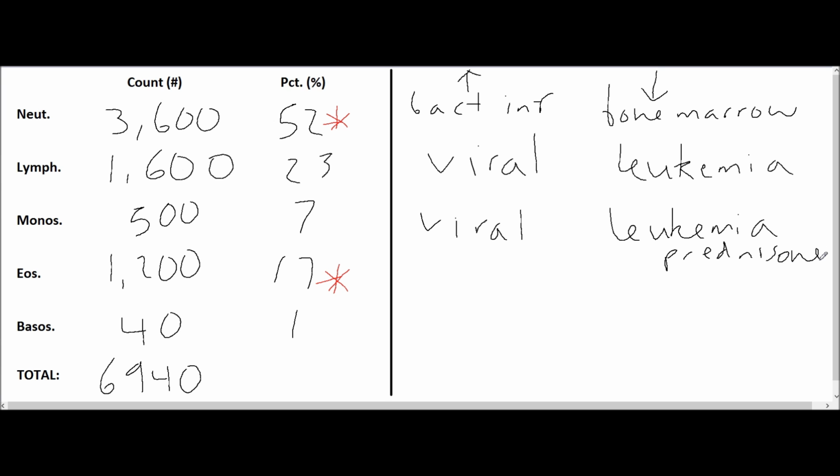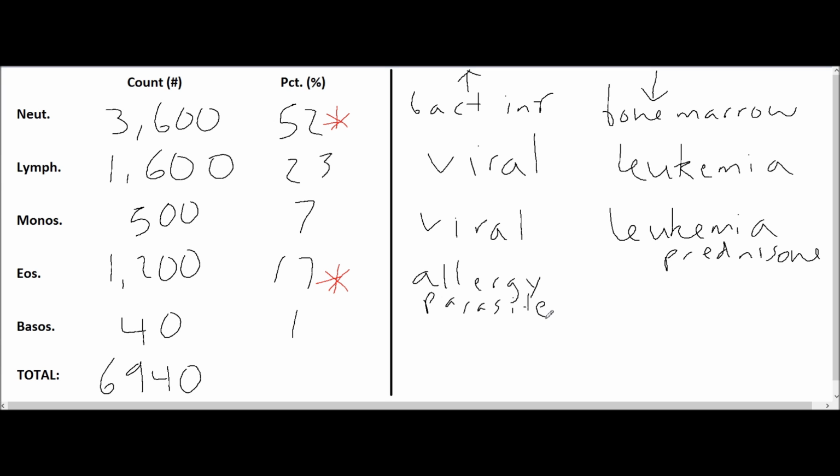So I'll say, leukemia, and if they're taking prednisone, it can also cause a decrease. Eosinophils, I mentioned an increase. We think allergy, and we may also think parasite. And a decrease, there's really nothing common that we would see in a decrease in eosinophils that would make us think there was any certain thing going on.